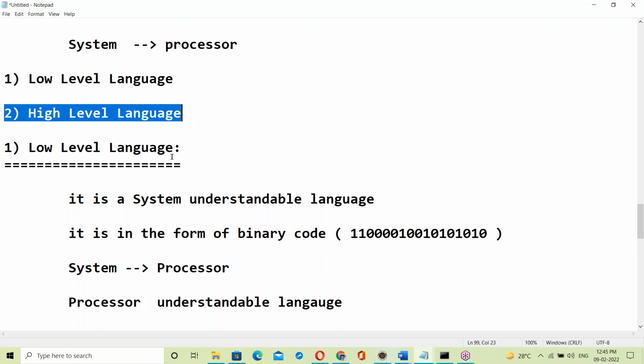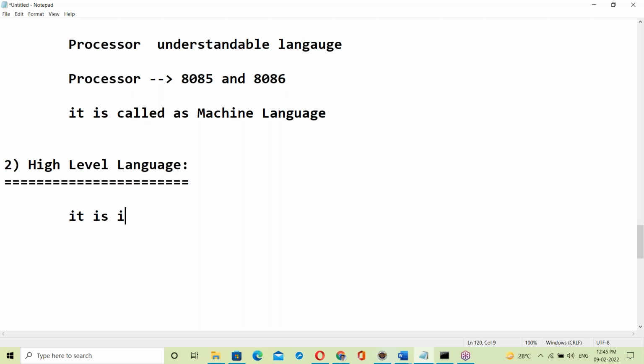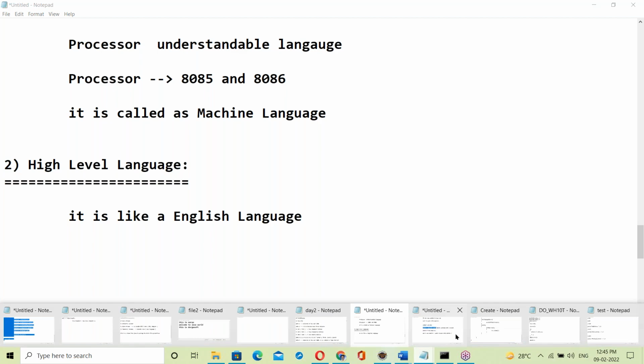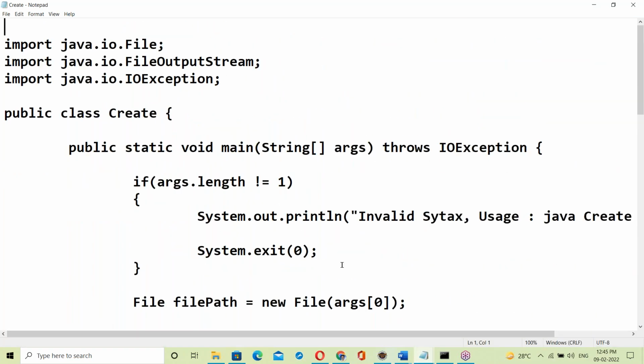Next, high level language. So, what is high level language? It is like the English language. See here, this is a Java program, in English language, right?